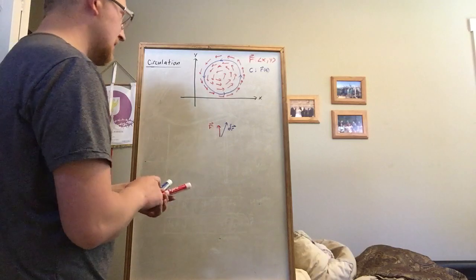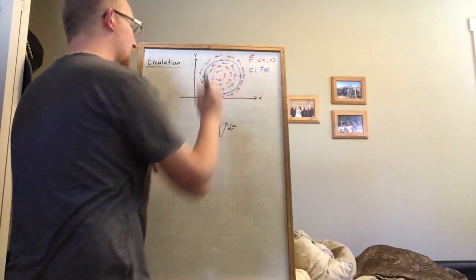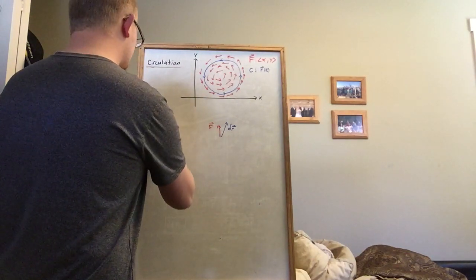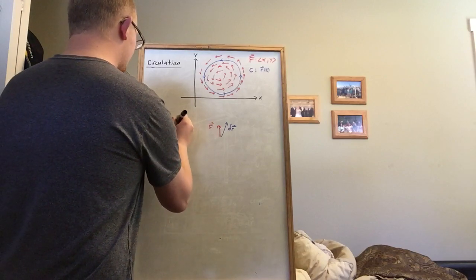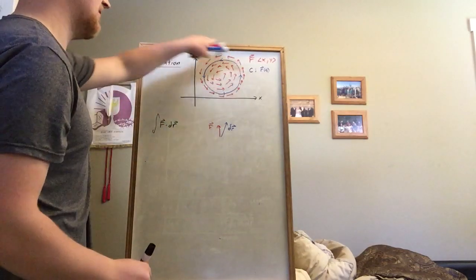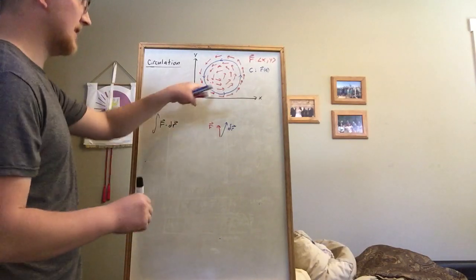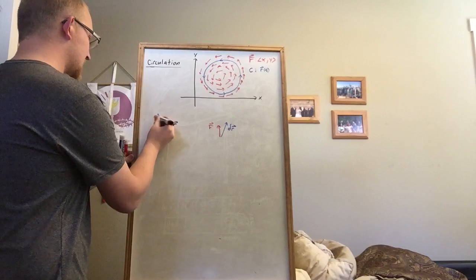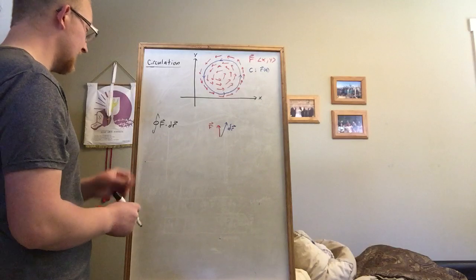What we're doing is summing every single one of these for every point around the curve. To do that, we take the dot product of F dot dr and sum everything in the loop. Here's a difference in notation: when it's an enclosed loop, we notate that by putting a little circle around our integral sign.